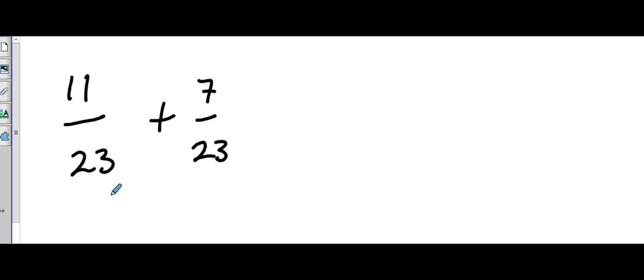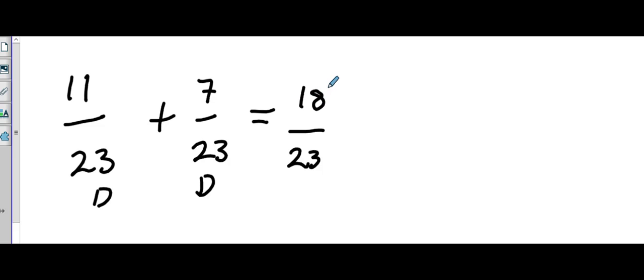As you can see, in both cases the denominators are 23, so all I need to do is add together the numerators. It's going to be over 23, and 11 plus 7, numerator plus numerator, gives me 18 over 23.